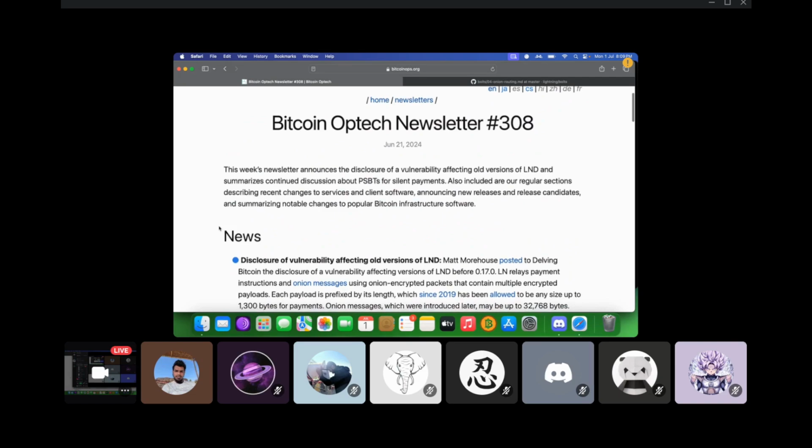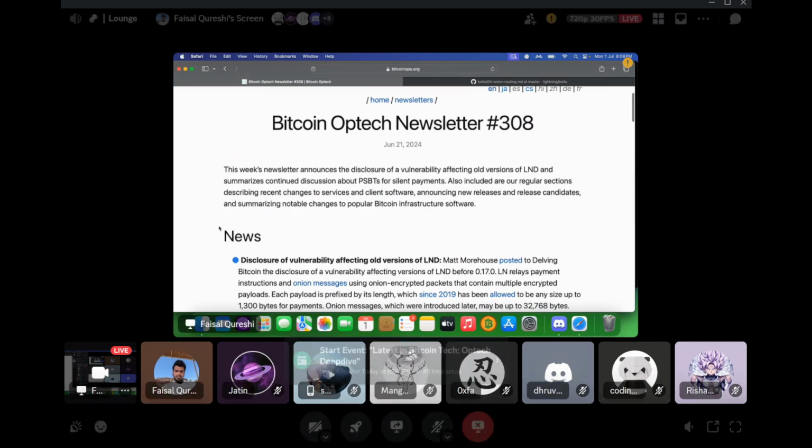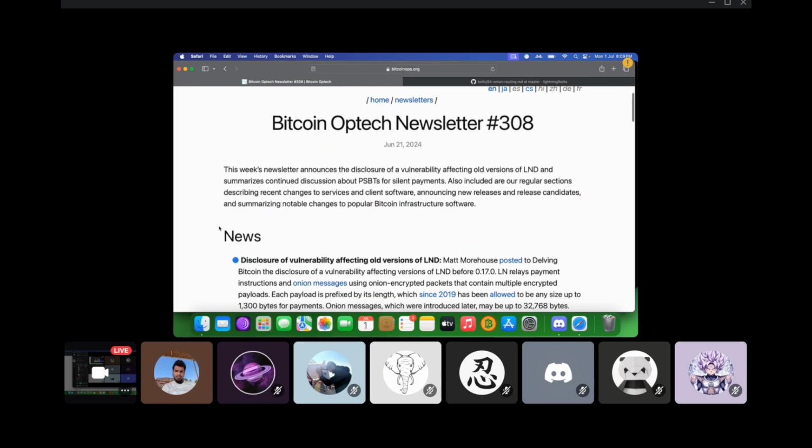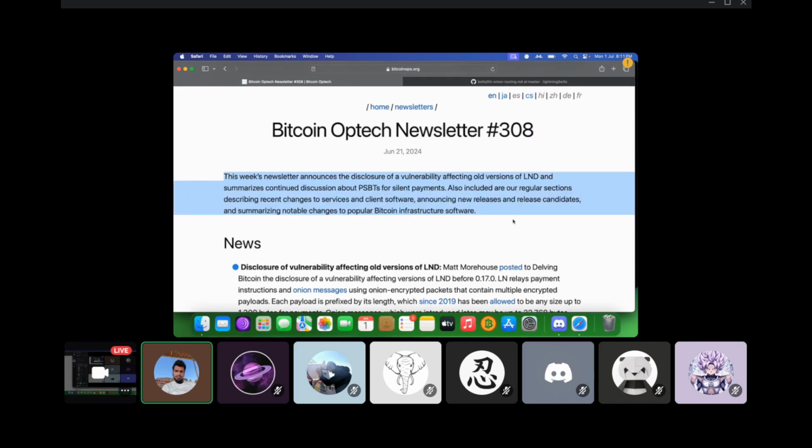It also contains old versions of LND and summarizes continued discussion about PSBTs for silent payments. Also included are our regular sections describing recent changes to services and client software, announcing new releases and release candidates, and summarizing notable changes to popular Bitcoin infrastructure software.